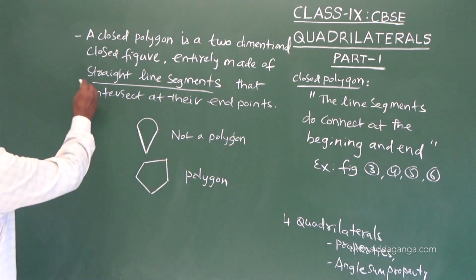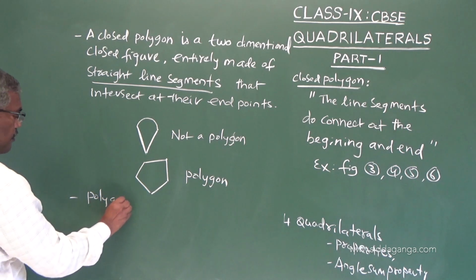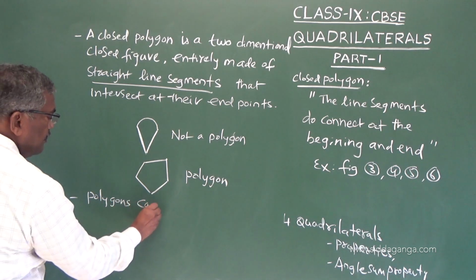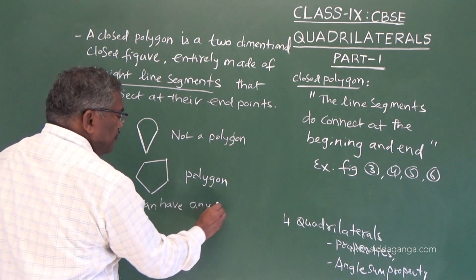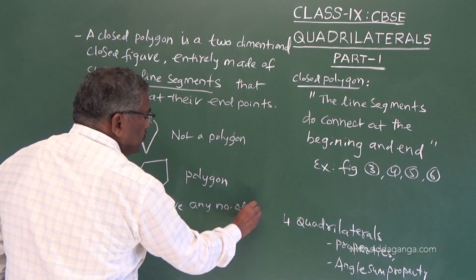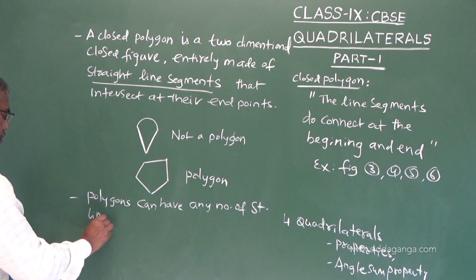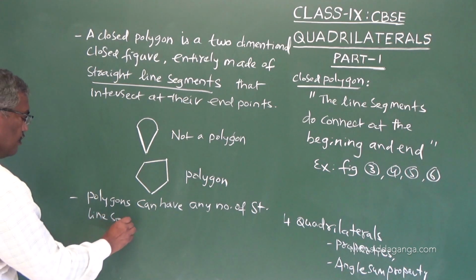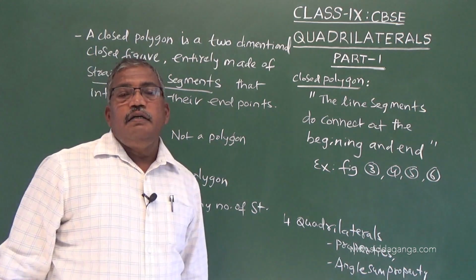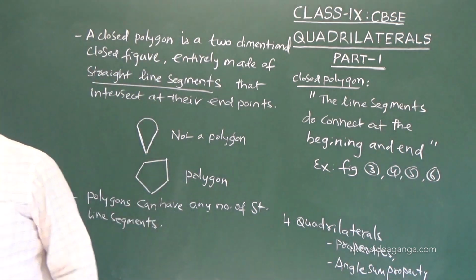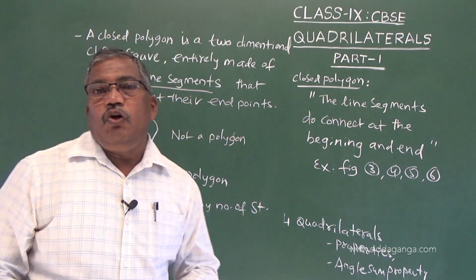Second point: polygons can have any number of straight line segments. Obviously no curved lines can be a part of a polygon.